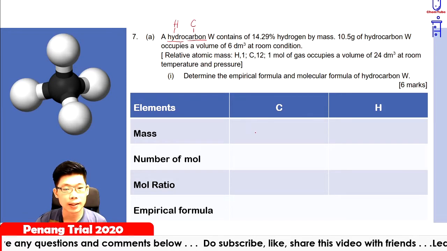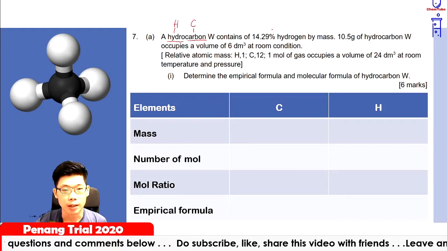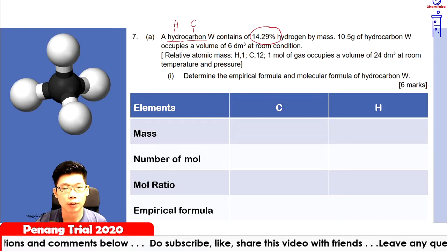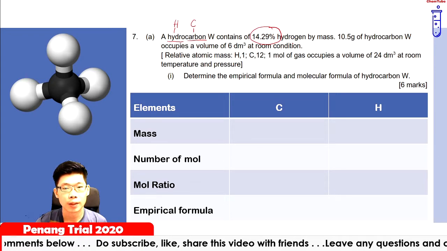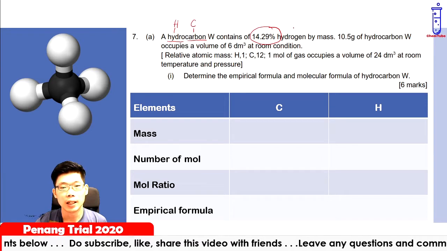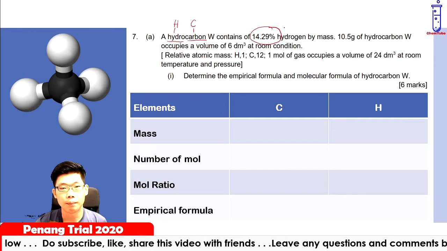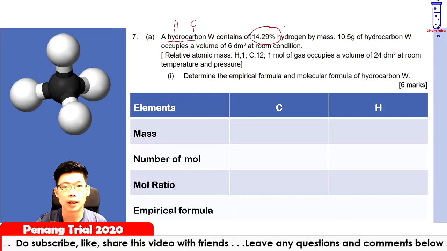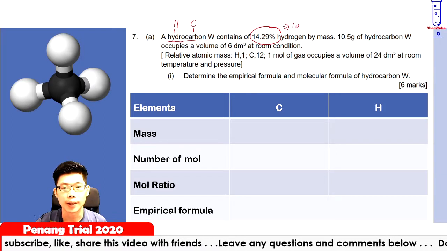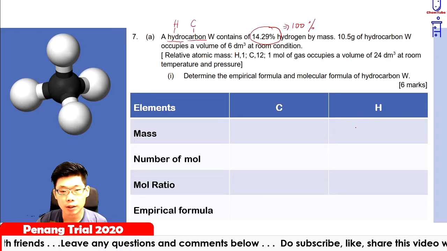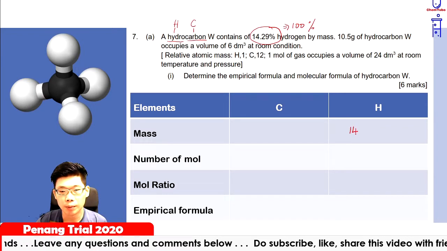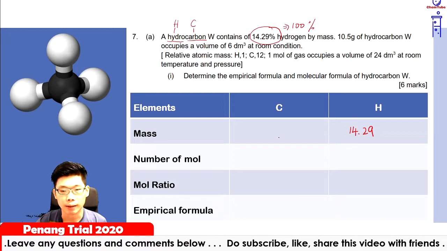For the mass, you are given the percentage. For the hydrogen it is 14.29%. In this case, you just assume the total mass is 100%. Hydrogen is 14.29%, so we assume it is 14.29 gram.